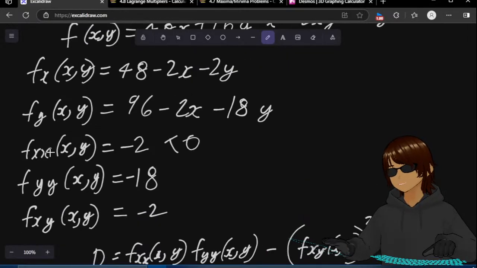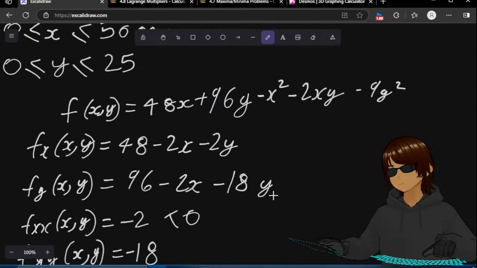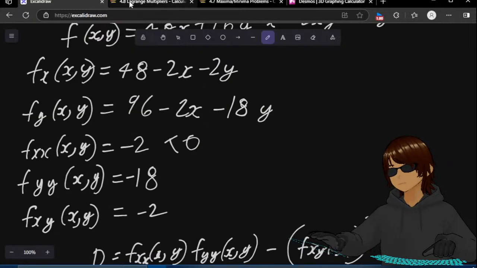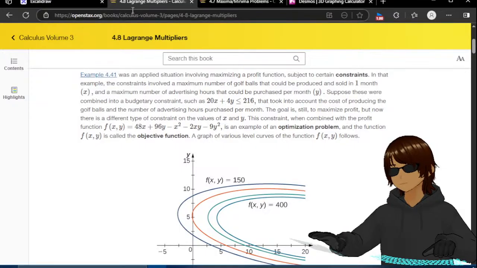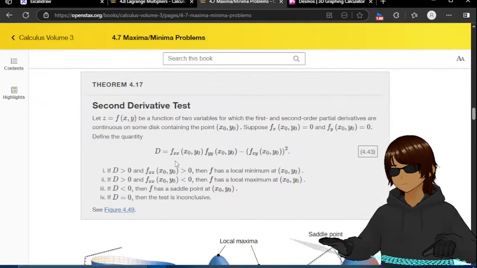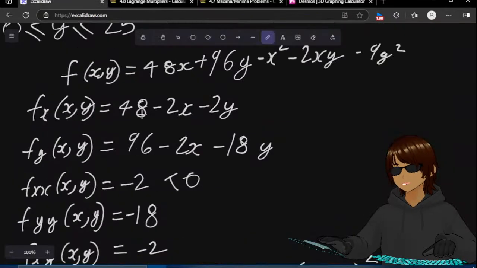This is what we learned so far. This is always going to be less than 0. So we need to find what the critical points are.